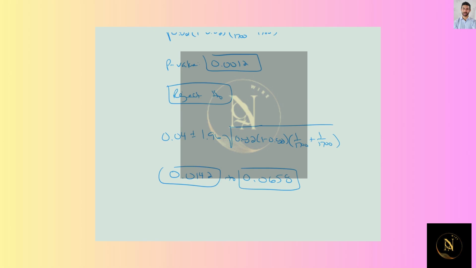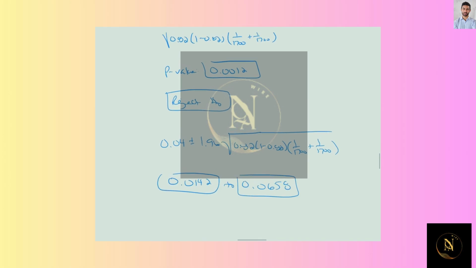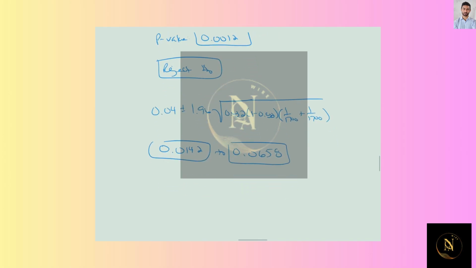And officials, do you think area officials would be pleased with these results? I would generally say yes, and that's because 0 is not in this interval. So statistically, there has been an increase.